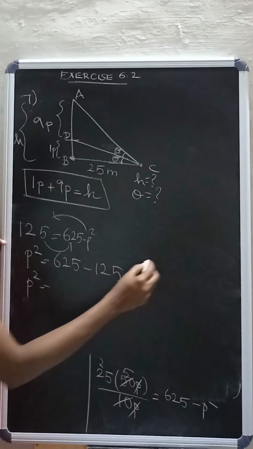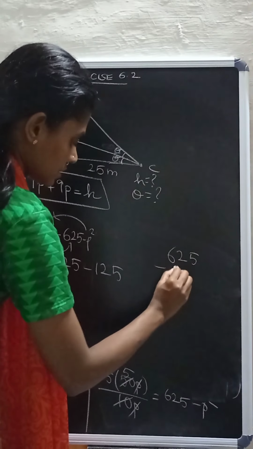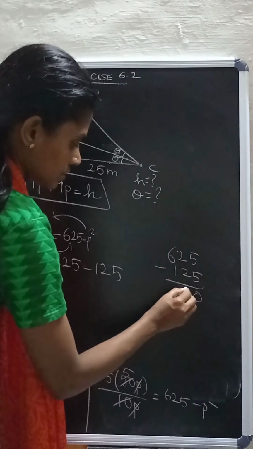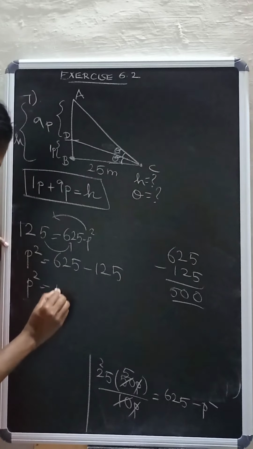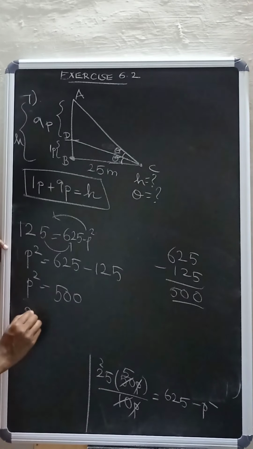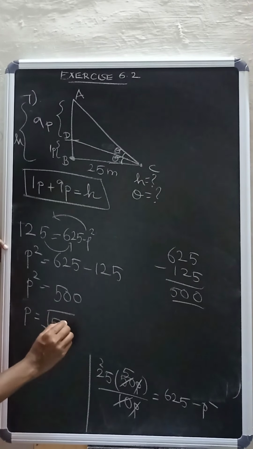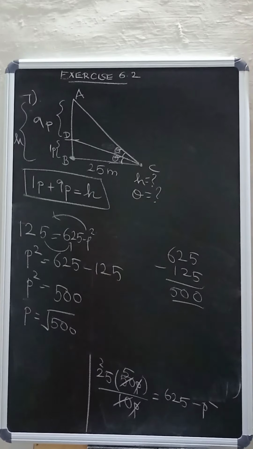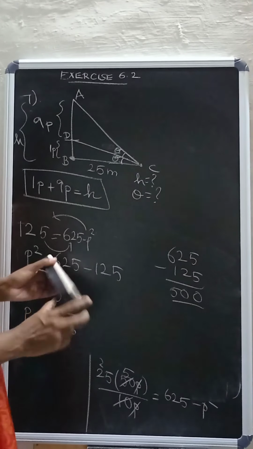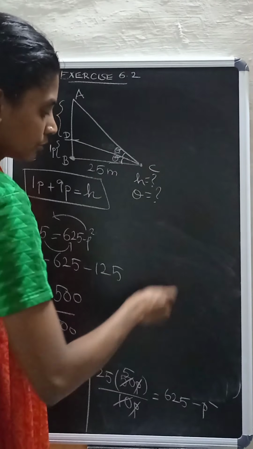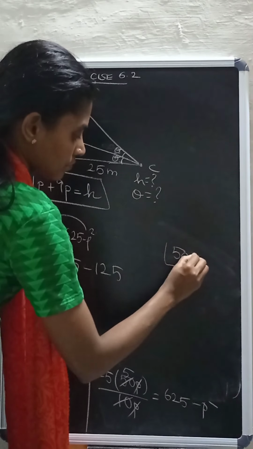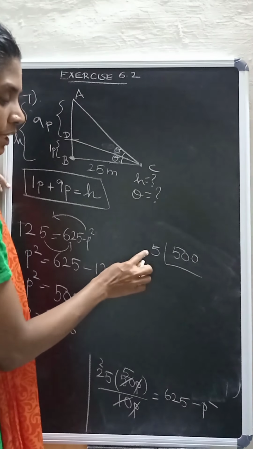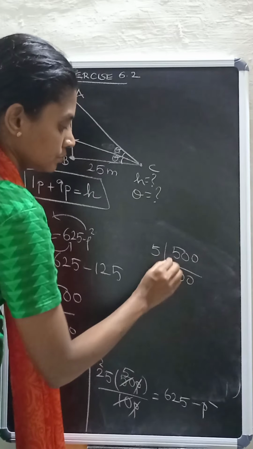P square is equal to 500. So p is equal to root of 500. For root 500, I am taking the LCM and finding it out. Always for LCM, take only prime numbers here.